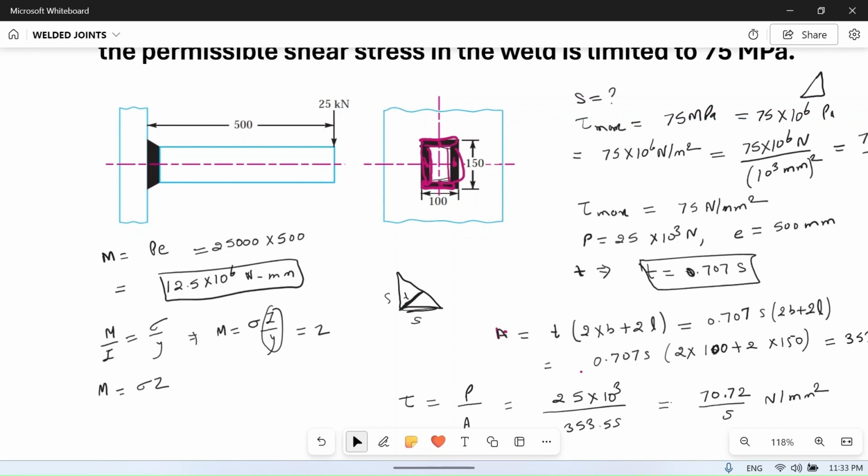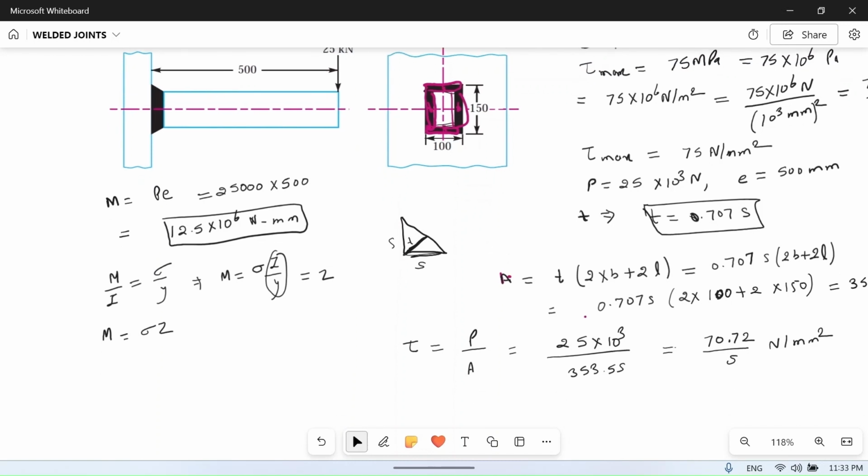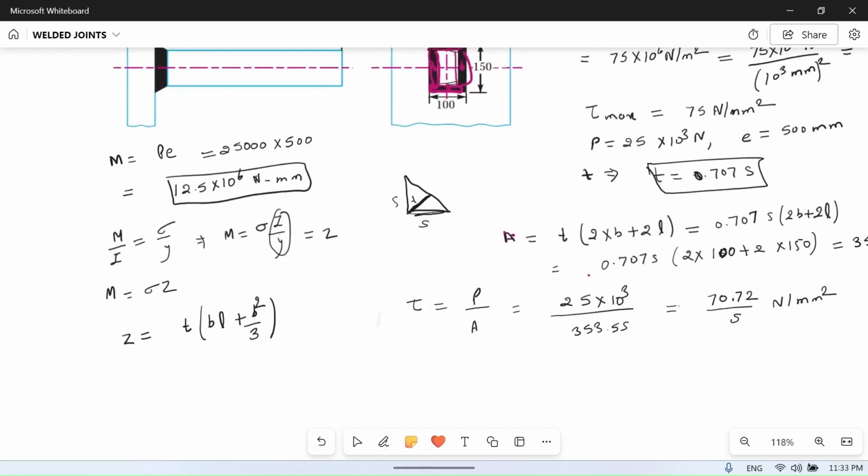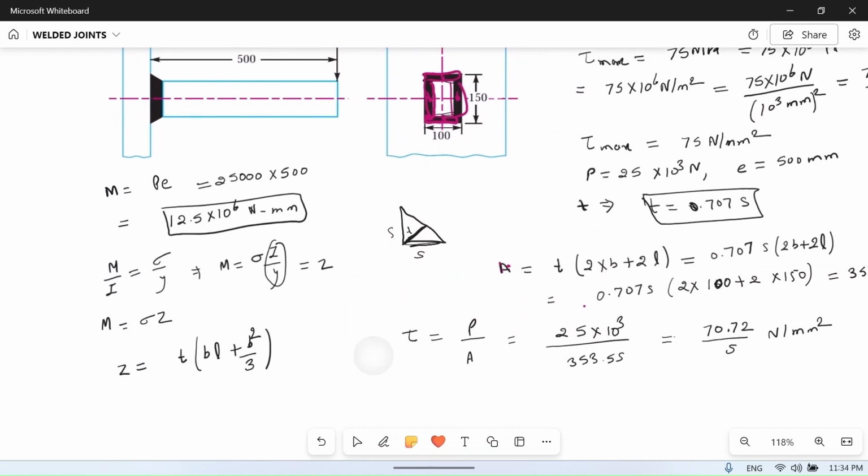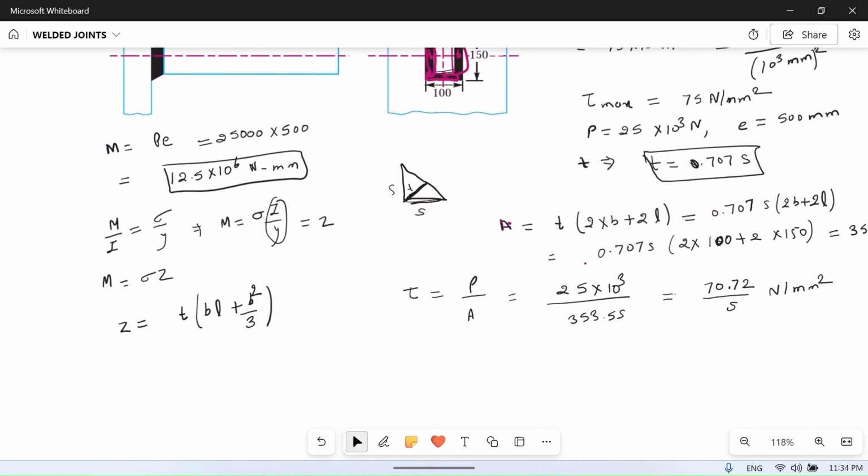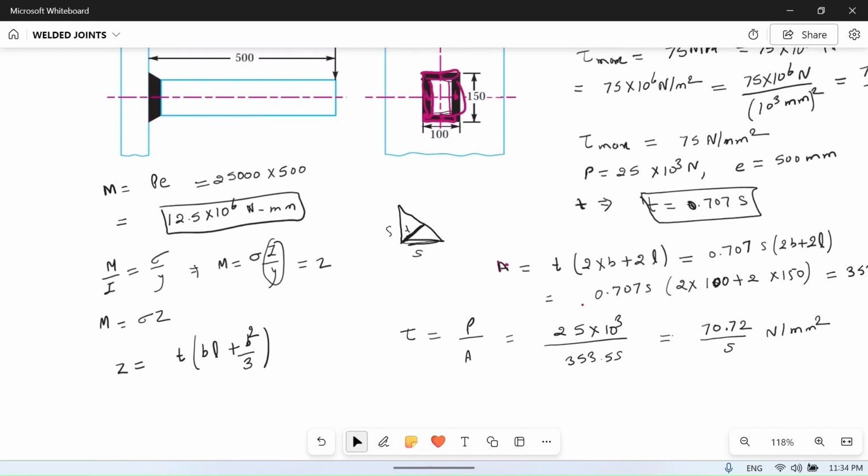So what will be the Z for this section? You can use the direct formula. Z is equal to T into H into L plus H square by 3.